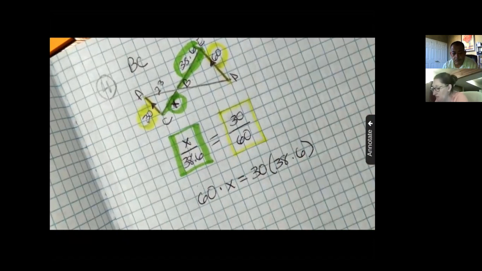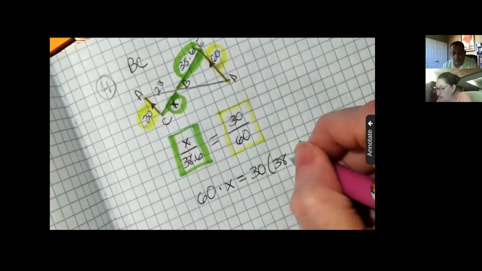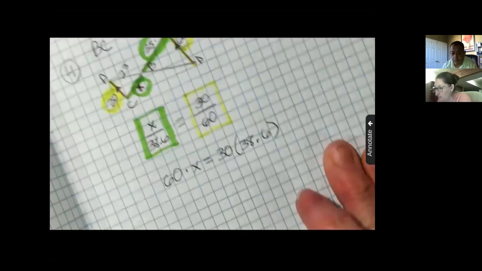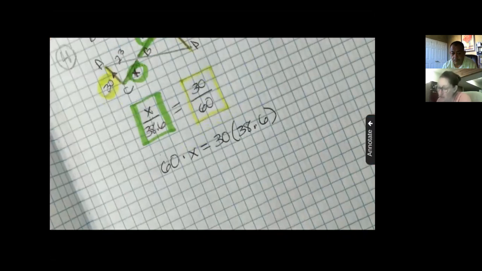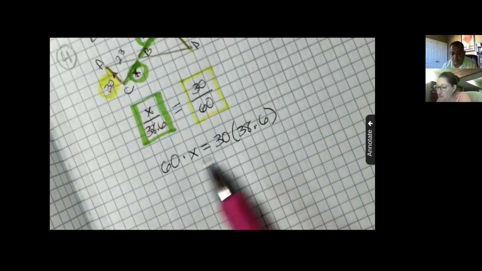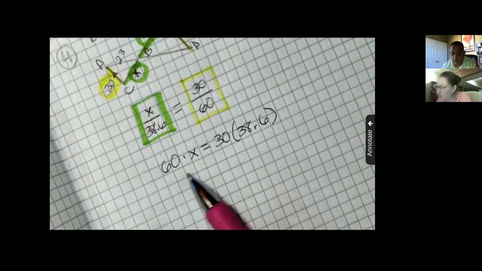Now I want to get rid of the 60. I could do all the multiplication, but as Mr. Rivas has taught us, if we can factor out and get rid of stuff early, that's a whole lot easier. So there's a 30 here. It ends in a 0. So I'm thinking to myself, does 30 go into 60? Well, yeah, twice.